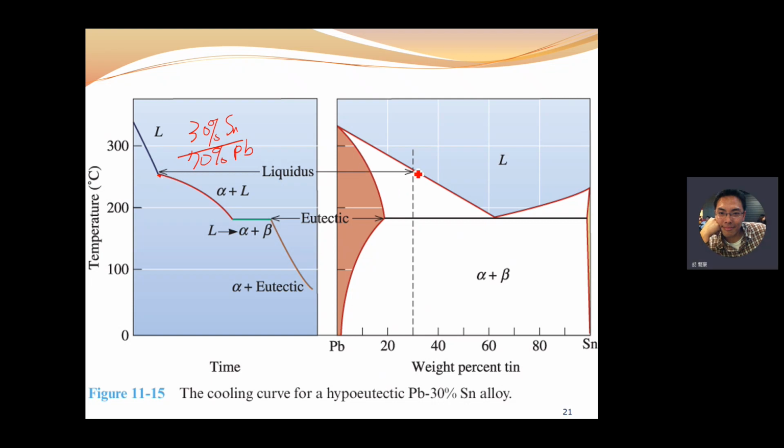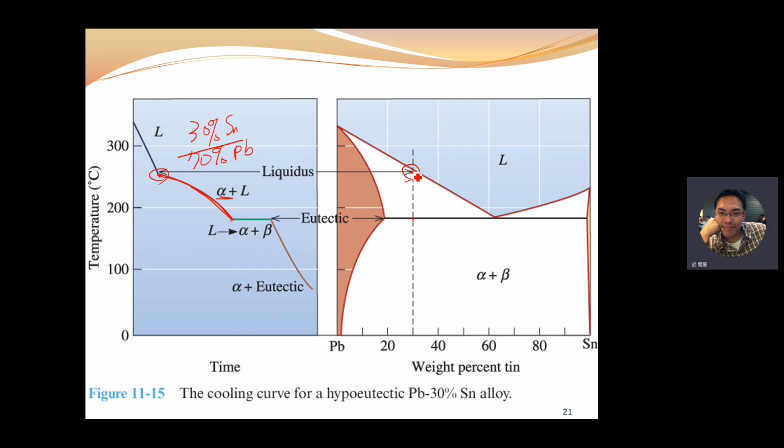And it can map into this point on the phase diagram. Okay, and below this temperature, the solid phase forms. That means the alpha solid solution forms. Therefore this region is a two-phase region, and we can map this point to here.